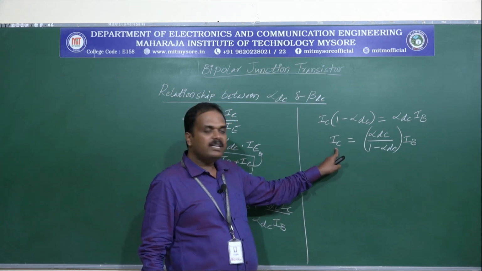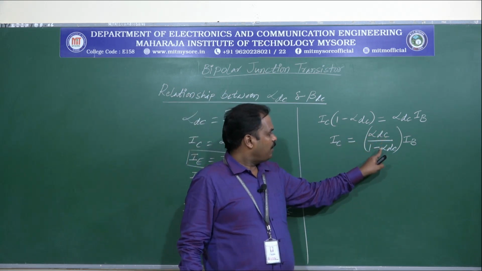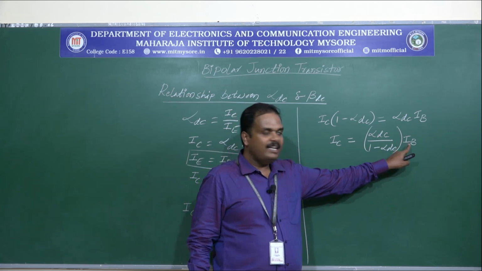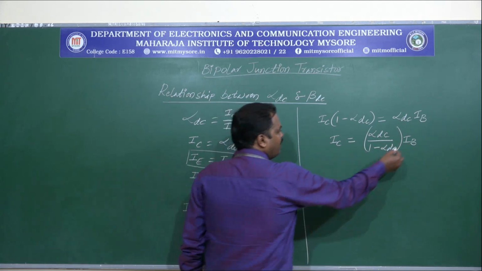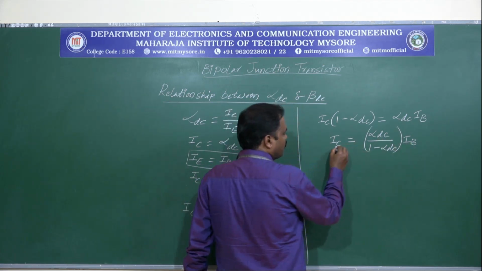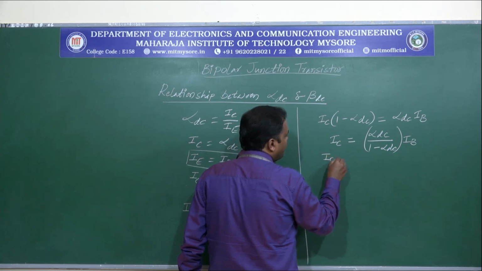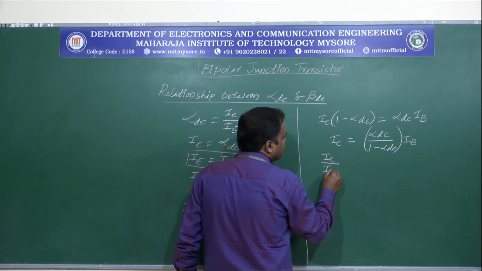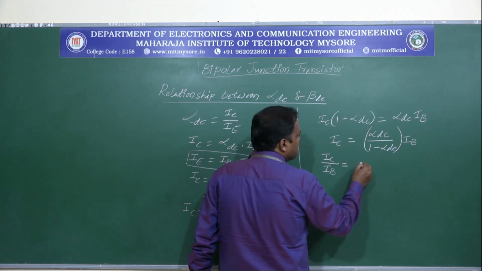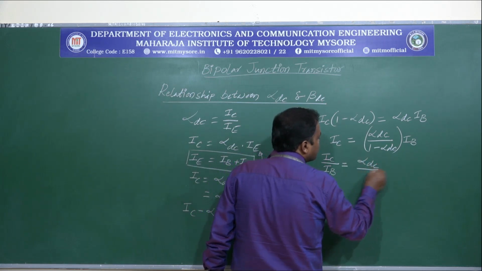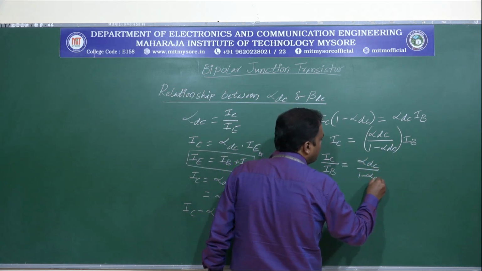If I transfer this IB to the denominator, this can be written as IC by IB is equal to alpha DC divided by 1 minus alpha DC.